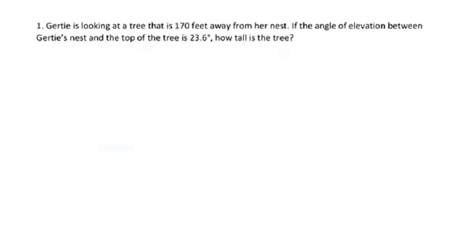Go to question 1. Gertie is looking at a tree that is 170 feet away from her nest. If the angle of elevation between Gertie's nest and the top of the tree is 23.6 degrees, how tall is the tree? Suppose the tree is over here. This is the ground.